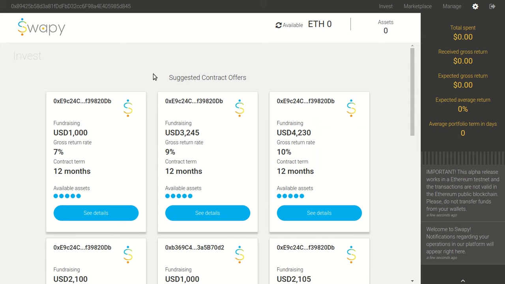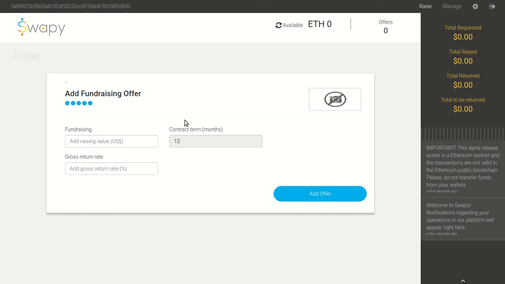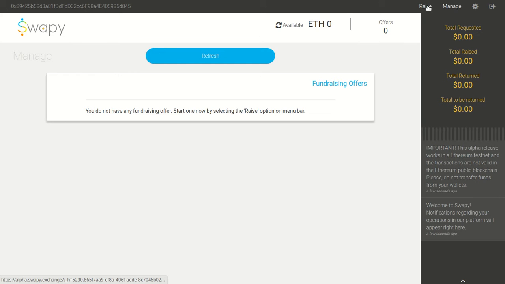And now let's see it from the perspective of a credit company. What happens when we sign in as a credit company? You can see fundraising offers here, and you can click raise to add a fundraising offer and get fundraising offers.